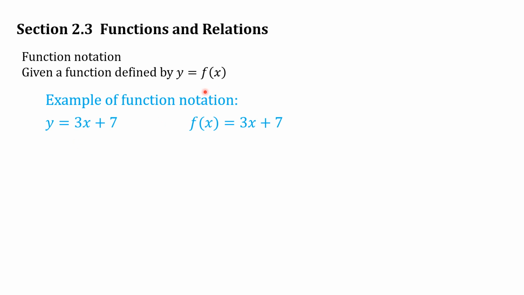The function f of x gives you your y. You put in the x, the function grinds it up and gives out the y. In this case, y equals mx plus b, you put in a 2, 3 times 2 is 6, plus 7 is 13. It gives you back a 13. So when you put a 2 into your function f of x, out comes an answer, 13, which is your y.